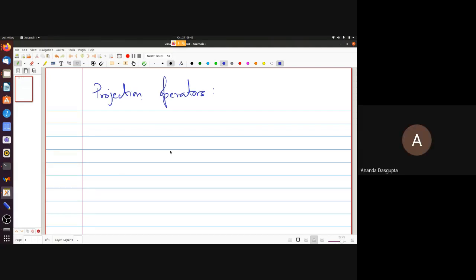Yes. Okay. So we are going to talk about projection operators in group theory. And we will start, well, where else? With this basic rule, which is at the heart of everything in group representation theory.